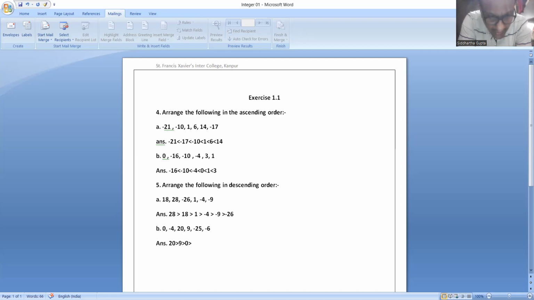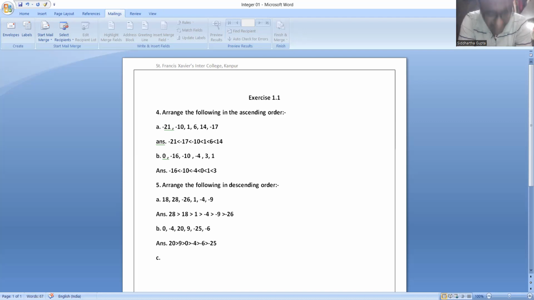Minus 4, minus 25, minus 6. It is obvious that minus 4 is greater than minus 6. So we put minus 4, then minus 6, and after that minus 25. So this is how we arrange this, 20 is greater than 9, 9 is greater than 0, and so on.